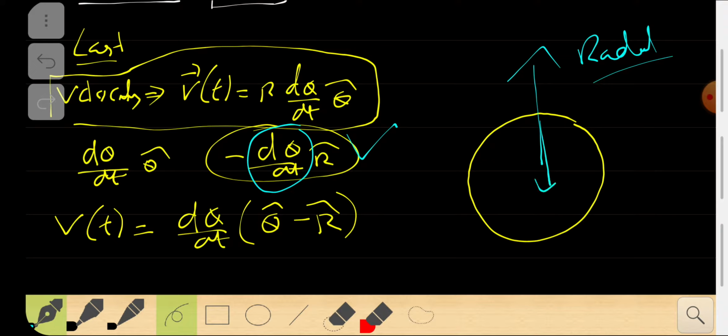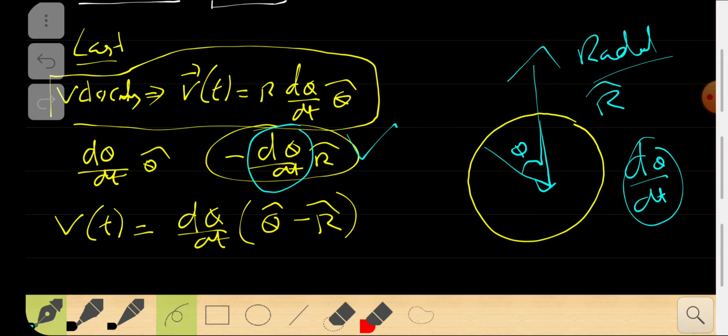the velocity component has a minus sign with d theta by dt. As theta increases faster with time, d theta by dt will be much higher. If d theta by dt is higher, then the r cap component, the radial component, will be smaller. That's the minus sign right there. We can intuitively imagine that.